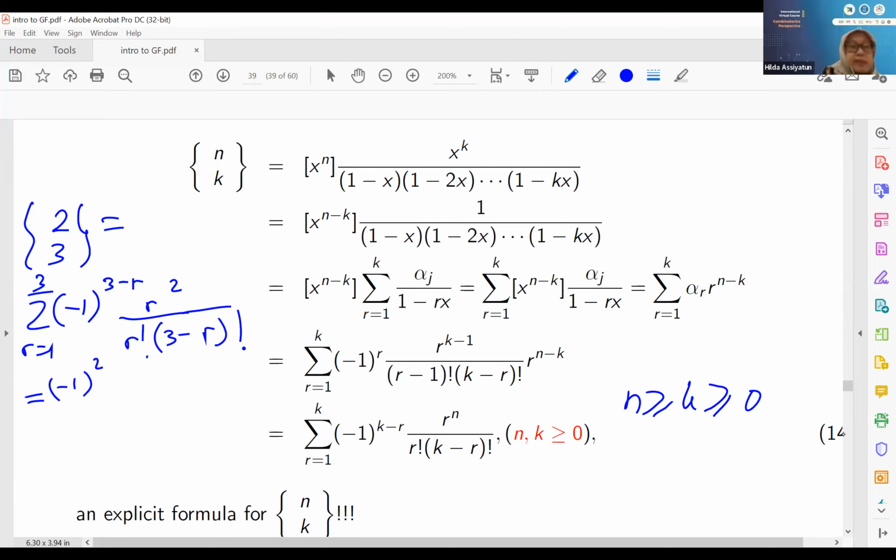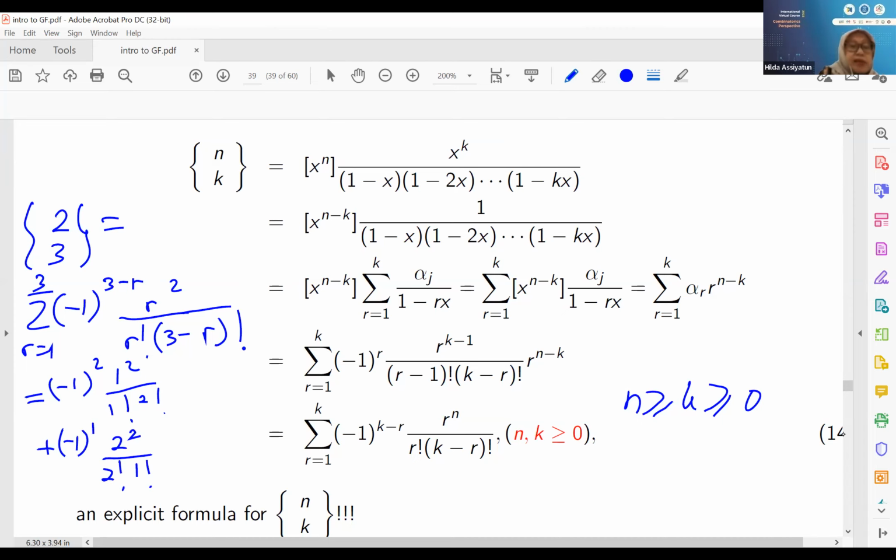1 to the 2, over 1 factorial, 2 factorial. This is the first term. And the second one, plus minus 1, r equals 2, so minus 1, 2, over 2 factorial, 1 factorial.